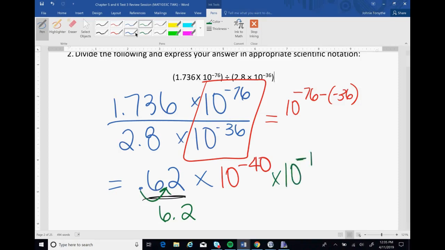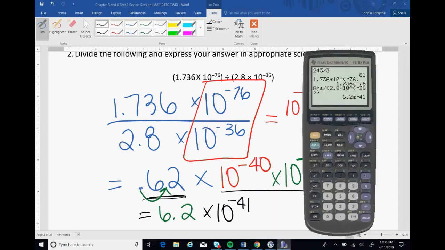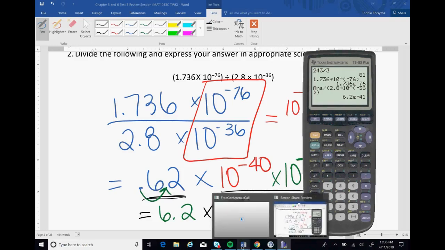So that means here 10 to the negative 40 times 10 to the negative 1, we would add the exponents. That would be 10 to the negative 41. So that's how we can get our answer doing it by hand. Or the hack is you can use the calculator as well.